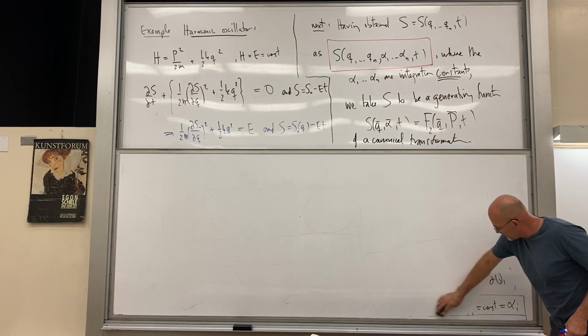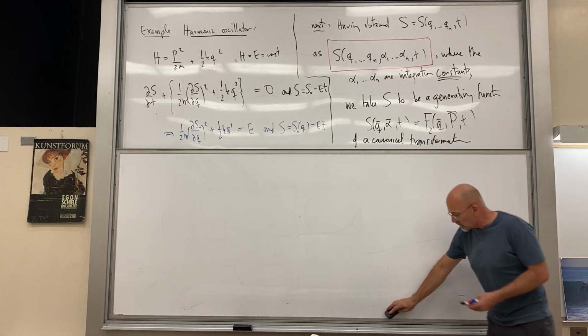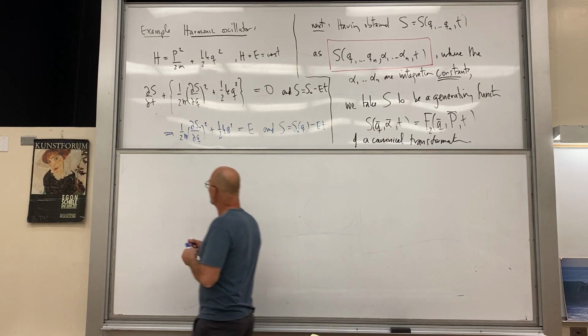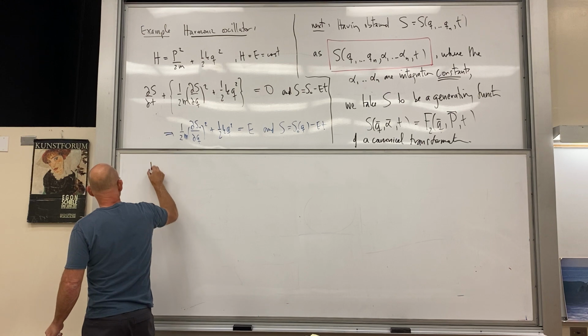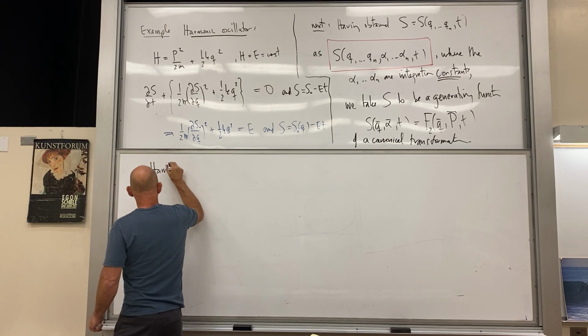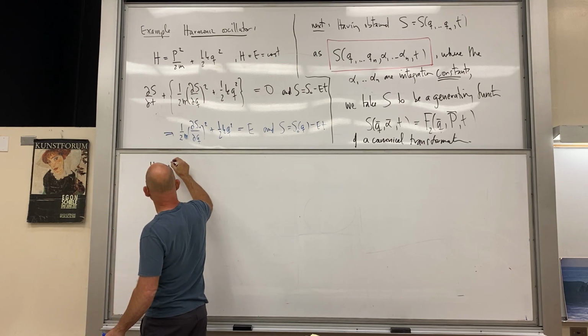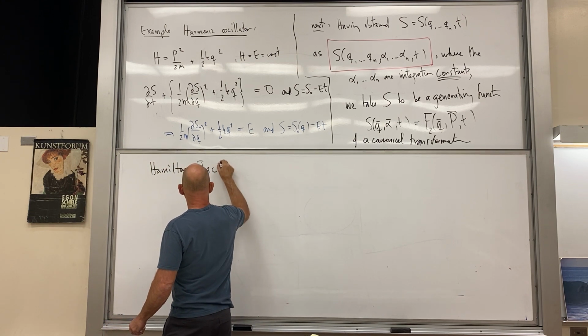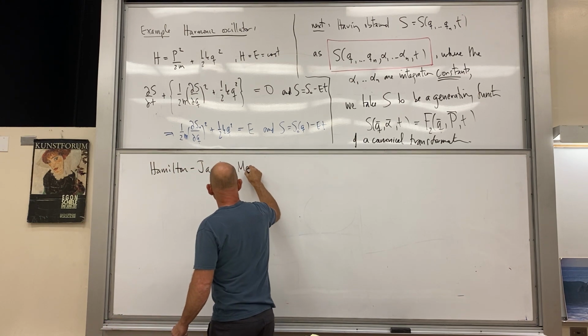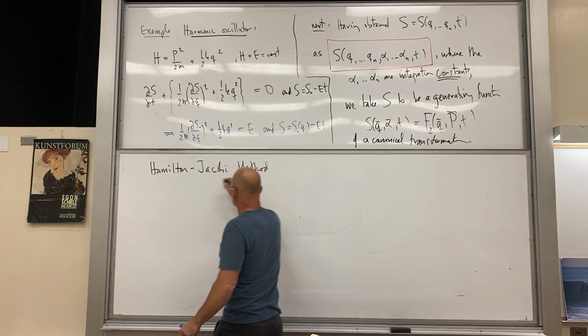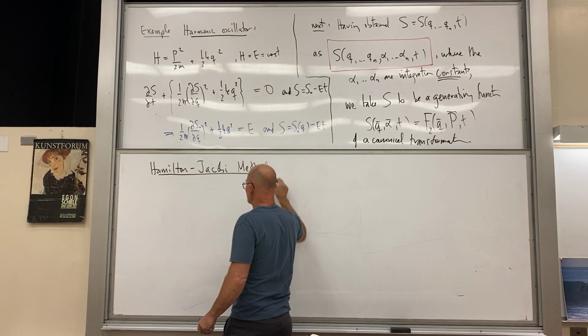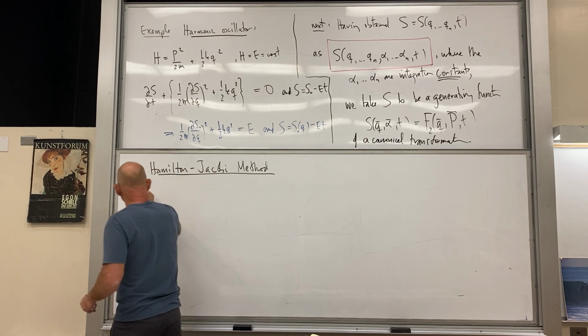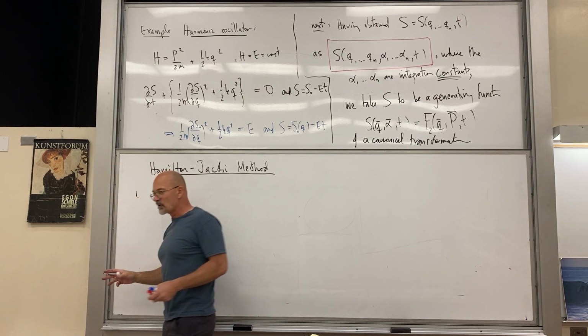Okay, so what does the Hamilton-Jacobi method reduce to? In 3 simple steps. First of all, we have our mechanical system.